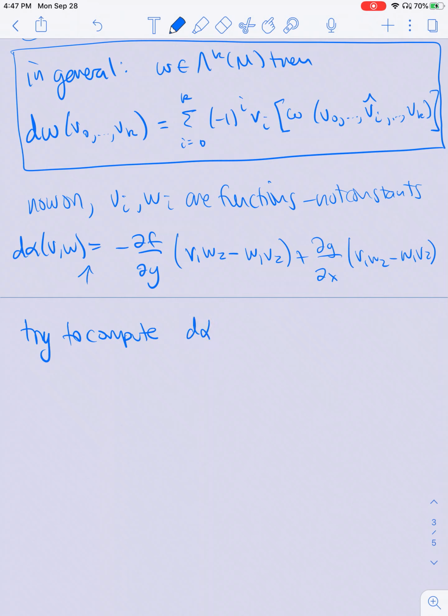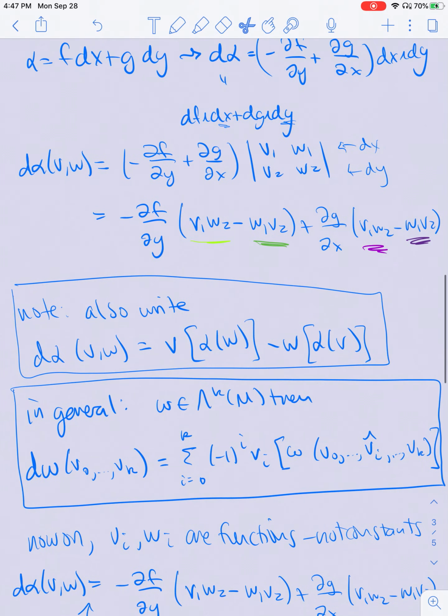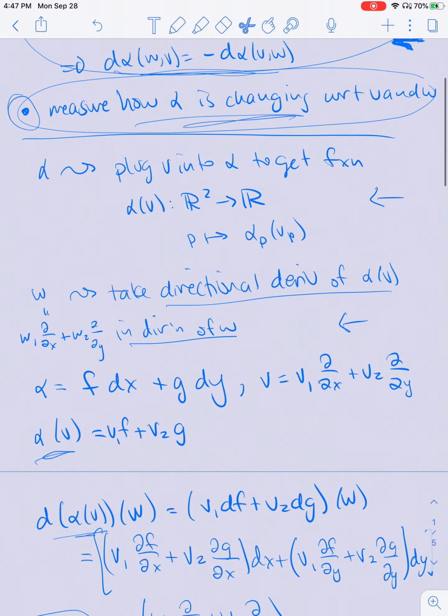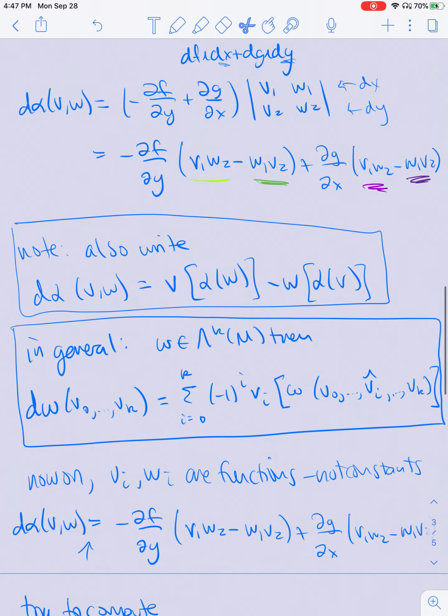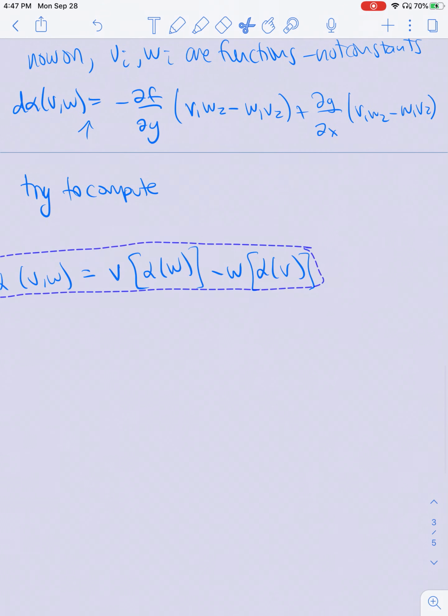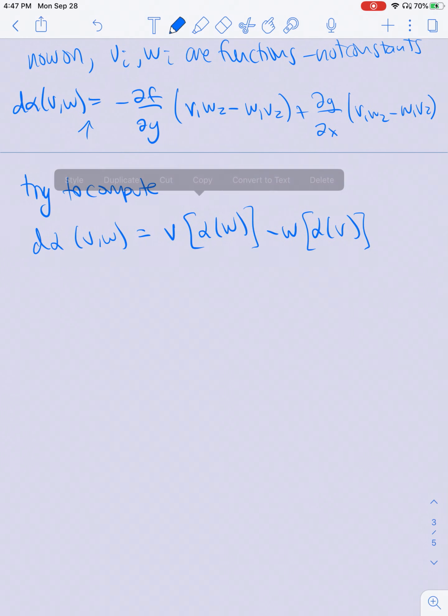d alpha. So remember our first coordinate independent definition of d alpha. Oh, actually I had it right here. It's just this. So again, alpha is just a one form, and I'm computing the difference between v applied to alpha applied to w and w applied to alpha applied to v.